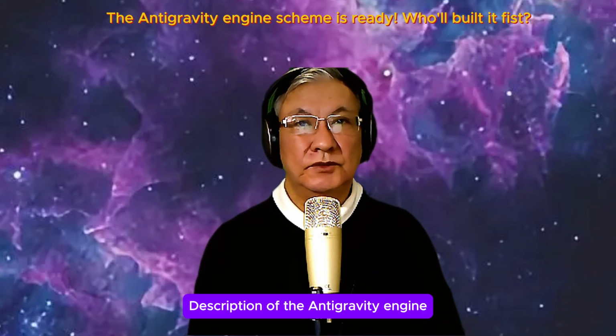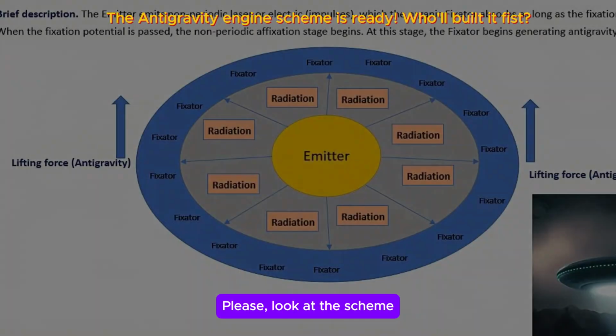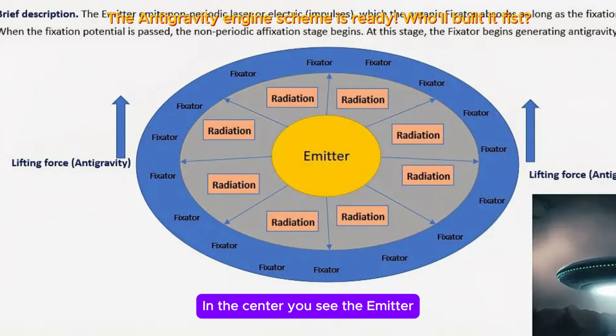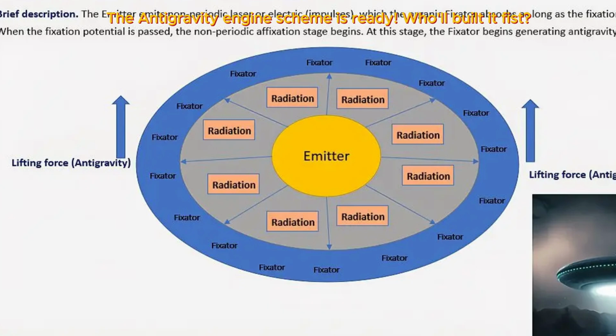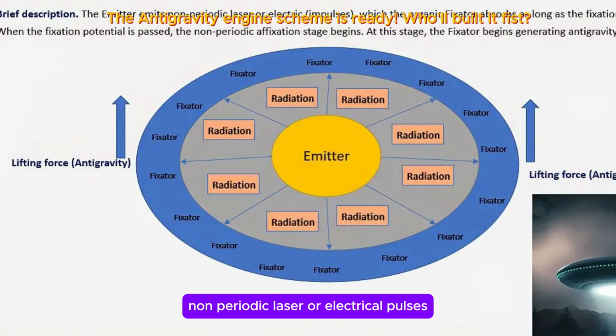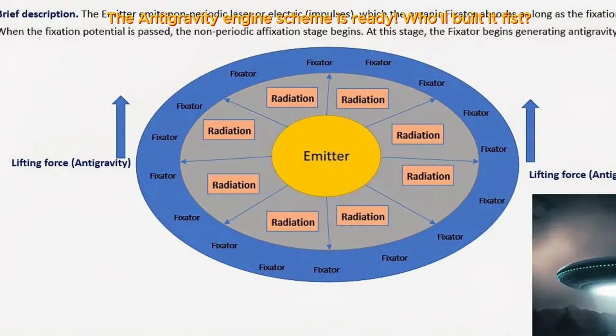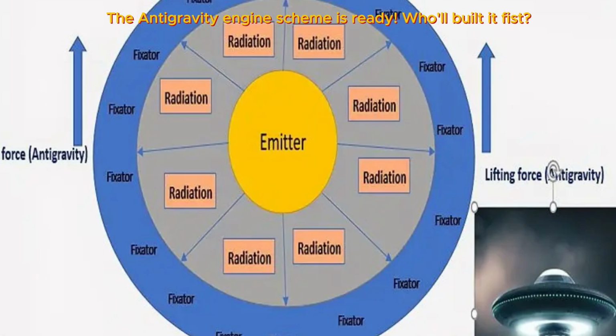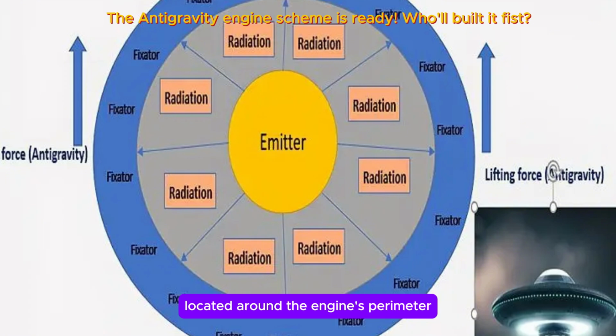Description of the antigravity engine. Please look at the scheme. In the center, you see the emitter. It emits periodic, non-periodic, laser or electrical pulses according to the non-periodic Fibonacci sequence. The pulses penetrate the fixator located around the engine's perimeter. The fixator consists of an organic material with its own pulse-fixing potential.